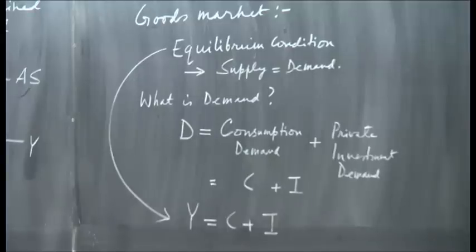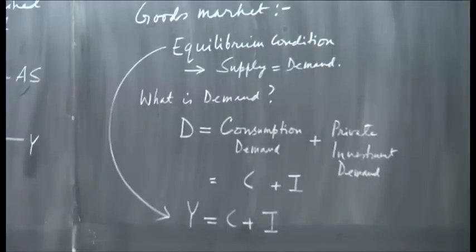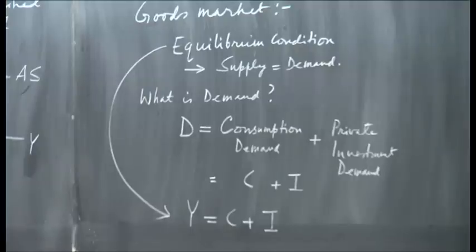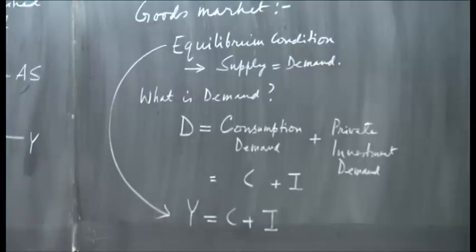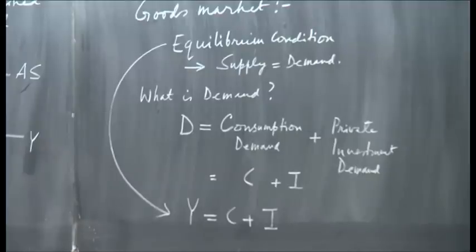The equilibrium condition essentially says supply is equal to demand. The supply of output we always measure in terms of Y, that notation, which also means real income. I told you why. The total value of output measures the total income generated in the economy.